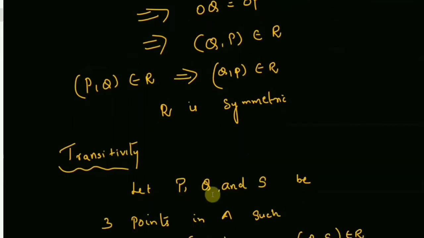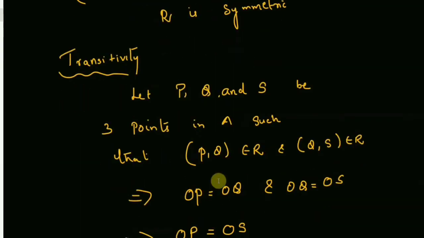Let us prove that the relation R is transitive. So take 3 points P, Q and S in A, such that (P, Q) belongs to R. (P, Q) belongs to R means OP = OQ, the distances of the points P and Q from O are equal.